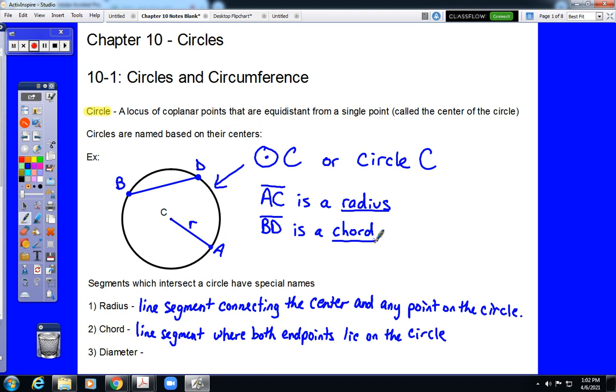And then the third and final type of line segment that's going to be important to us is a specific type of chord known as a diameter. What makes a diameter different from a chord? It passes through the center. Okay, it contains the center. So diameter is a chord which contains the center.